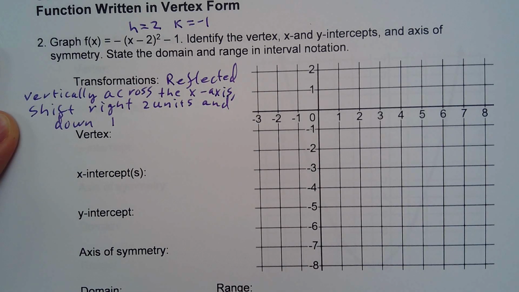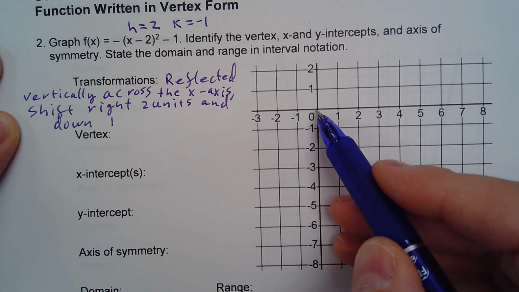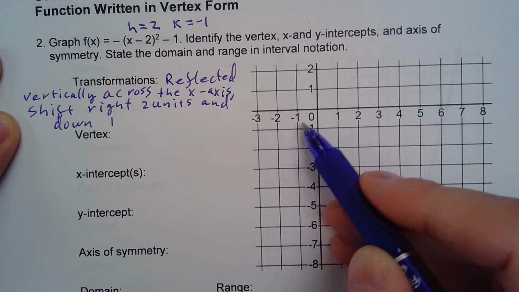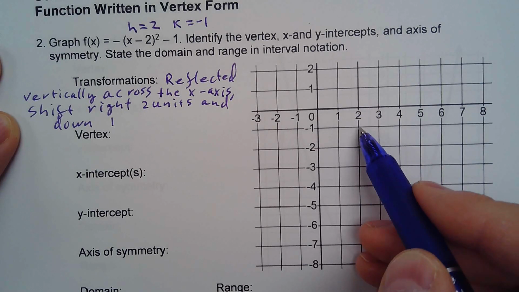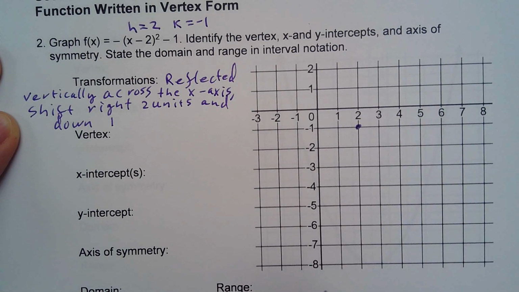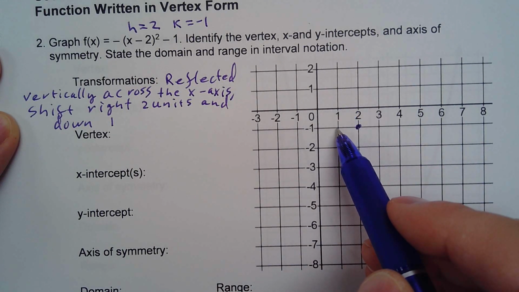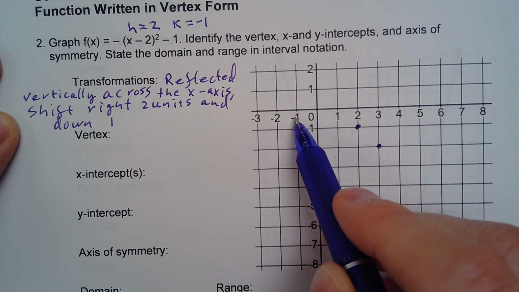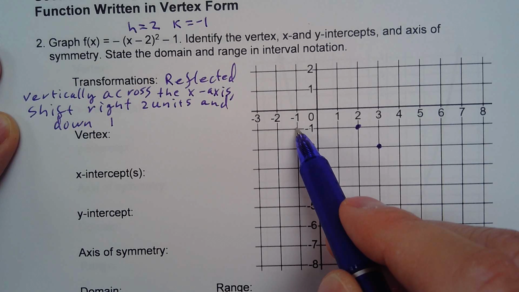So again, think about your parent function. Think of (0, 0). I'm going to reflect it, so this is now upside down. And I'm going to shift it 2 units to the right and down 1. (1, 1), reflected, shifted 2 units to the right, down 1. (Negative 1, 1), reflected, shifted 2 units to the right, down 1.